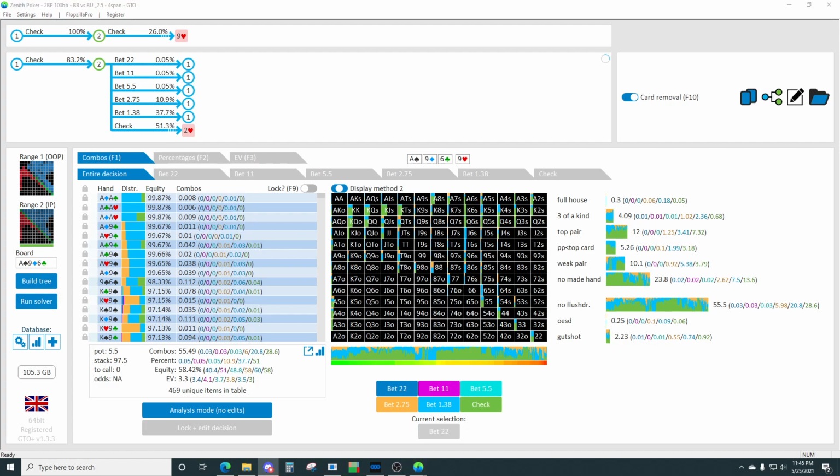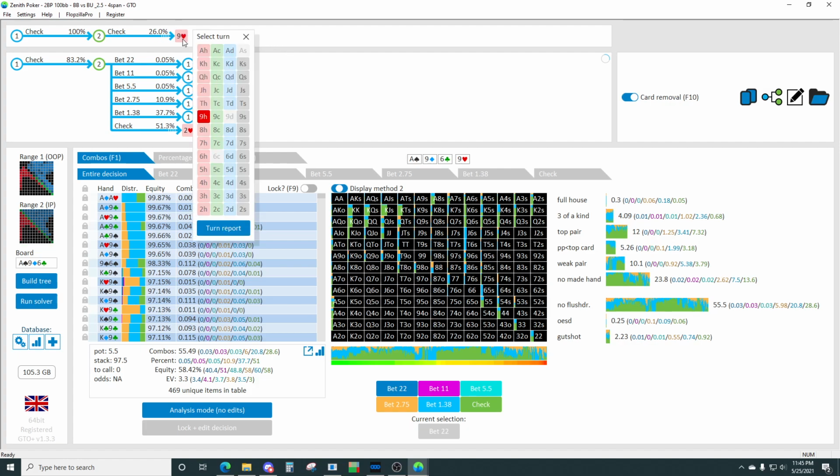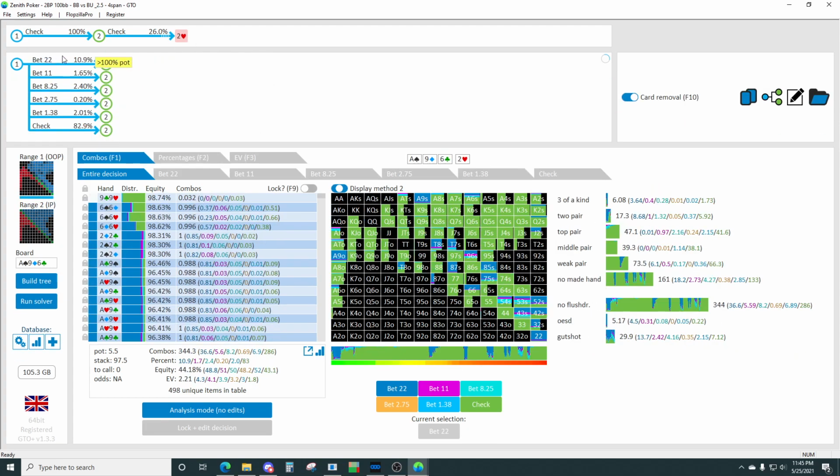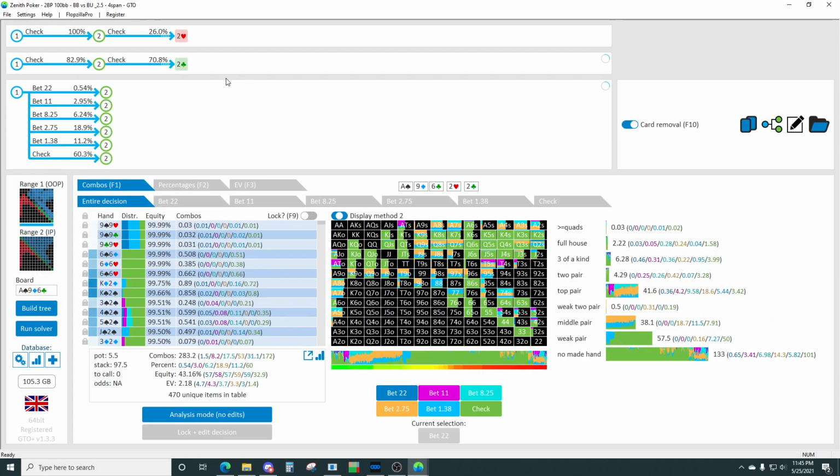This makes some sort of sense. In some of these spots, like if you hit check and go to the 2, on the river, I mean, in the example you showed right before, in the check bet check line, the bet frequency was like 55% or so, but it was still bluffing all the air.